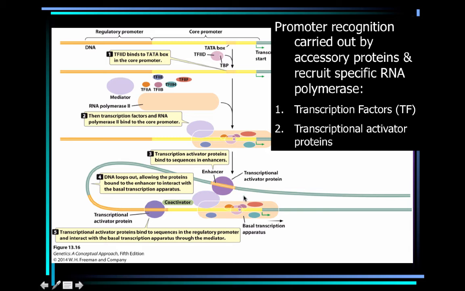And this is all going to contribute to the effectiveness of messenger RNA production in the transcription process. So just realize that the promoter region is going to be enhanced with the use of transcription factors and transcriptional activator proteins.